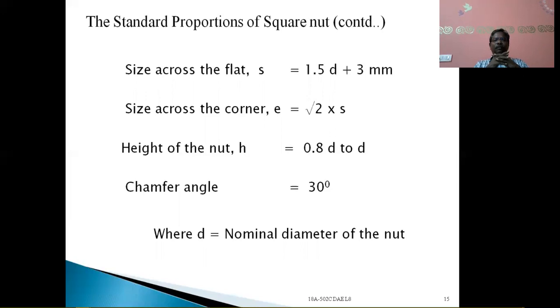We have also discussed the standard proportions of hexagonal nuts and of square nuts, and also the standard proportions for hexagonal bolts and for square bolts. Let us have simple problems on these proportions of square headed bolt and nuts and hexagonal headed bolt and nut. Let us see.